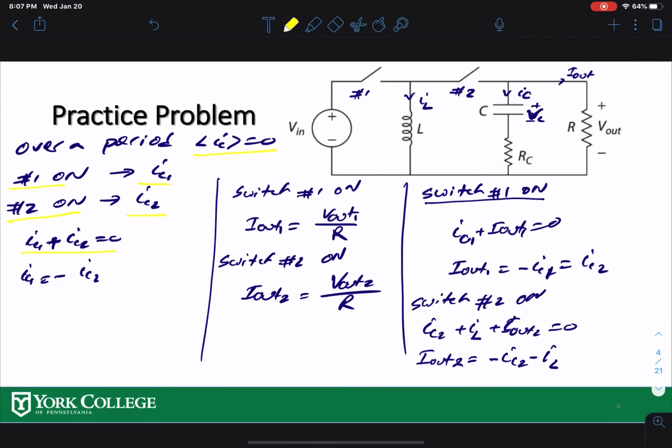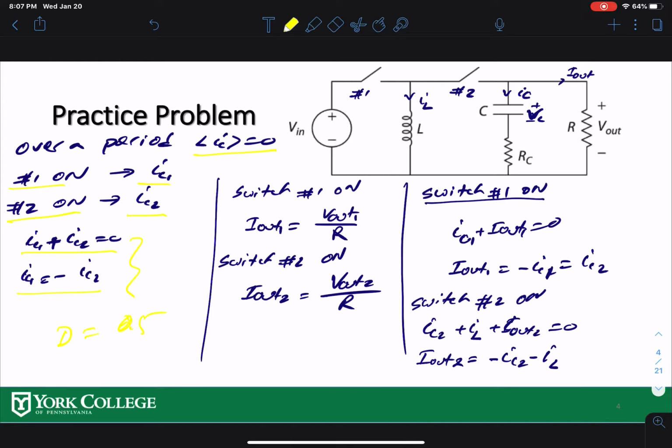If you add them together, 1 is on, 2 is on, it's one period, then it's 0. That means IC1 should be equal to negative IC2, and this is only possible when D is equal to 0.5. If D is not equal to 0.5, then we have to put that D into the equation.